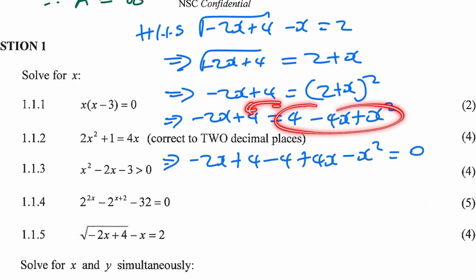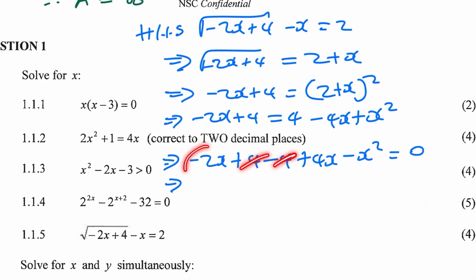I'm taking everything to my left hand side, so everything changes signs. And if you group the like terms, 4 minus 4 is 0. Negative 2x plus 4x is positive 2x. And we have negative x squared, positive 2x.